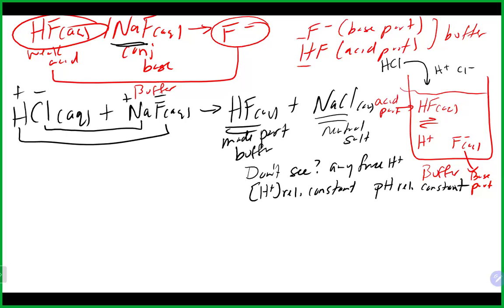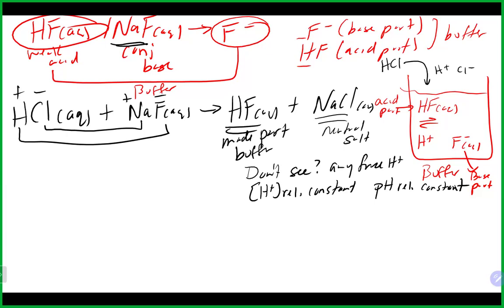I say relatively constant because if you were monitoring it with a pH meter or something, you would see the pH move, but it would not jump hugely. So again, maybe the pH starts at 5, maybe it goes down to 4.9 or something like that, but it would not go from like 5 down to 1. So you won't see this really giant jump in the pH.